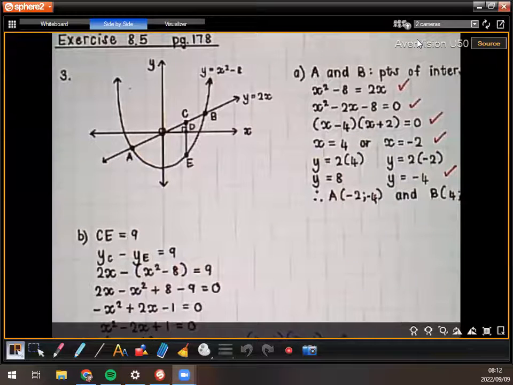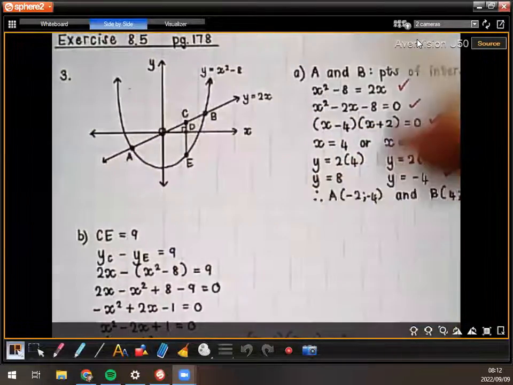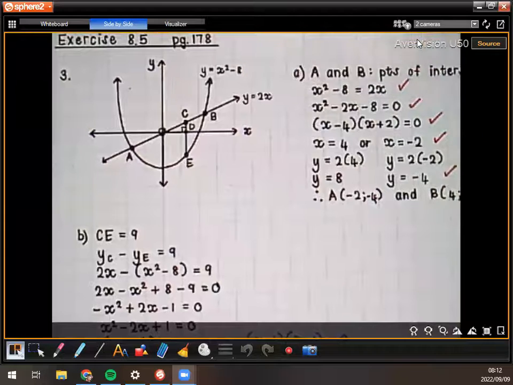I think it all has to do with the straight line. So if the straight line was y equals 2x plus 1, then it would be even higher. I think it has to do with the straight line.